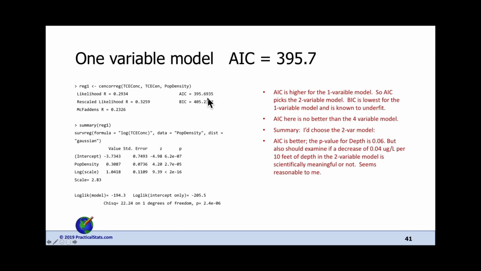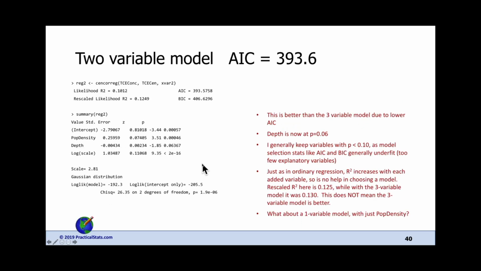So in my opinion, AIC is a better statistic than BIC to use for regression modeling because it's not susceptible to underfitting, having too few variables in the model. So the one with the smallest AIC is the one I generally go with, especially if those additional terms that would get thrown out later have still reasonably low p-values. So anything below 0.1, certainly I would keep in the model.